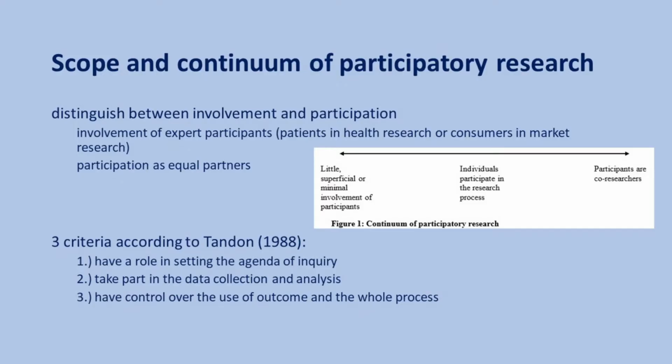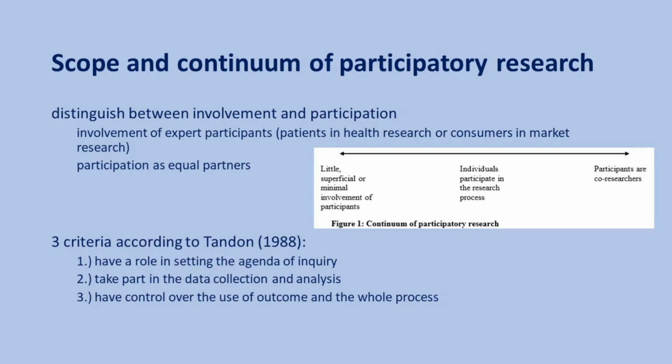However, it's not as simple as that, because according to Tandon, and I know this goes back to 1988, but we do have to make a starting point somewhere, there are three particular criteria that make research participatory.